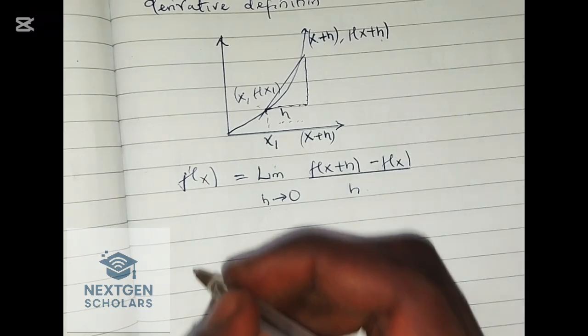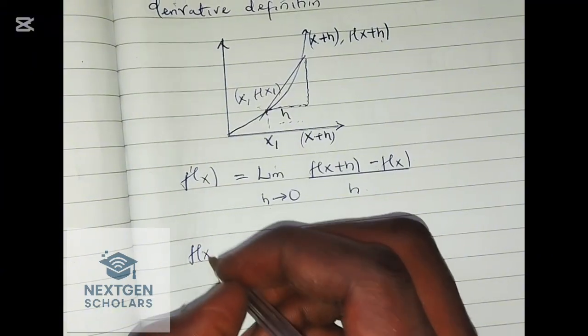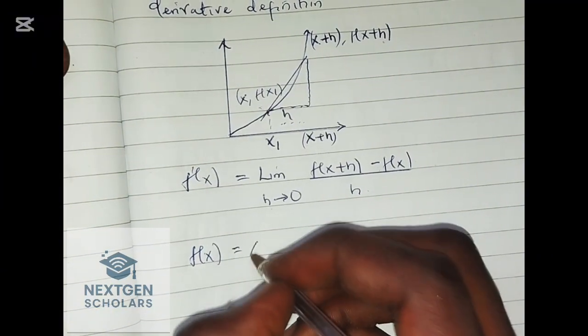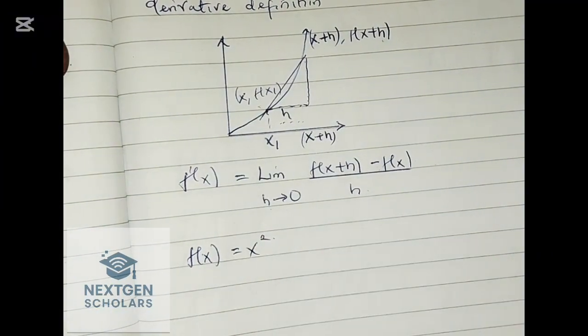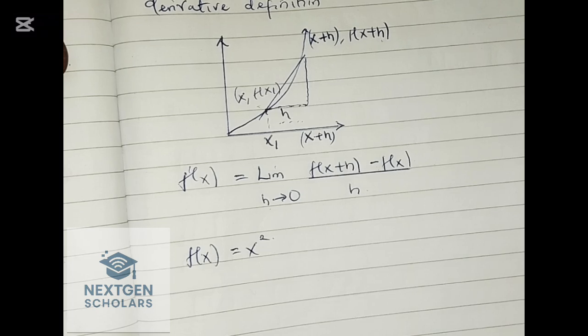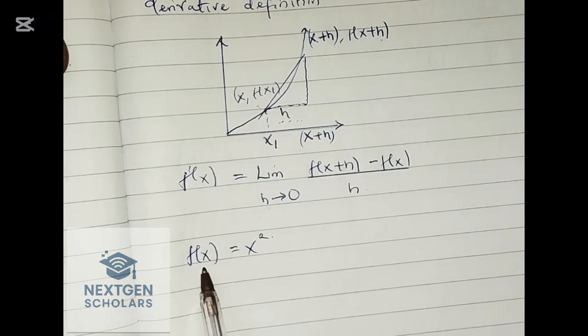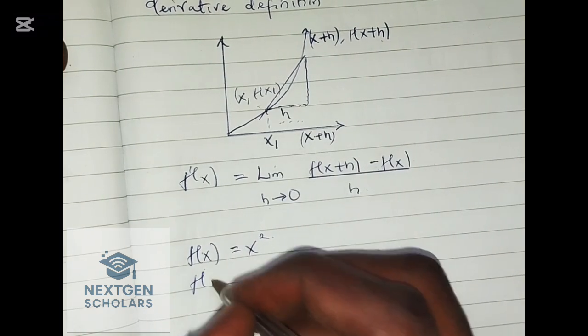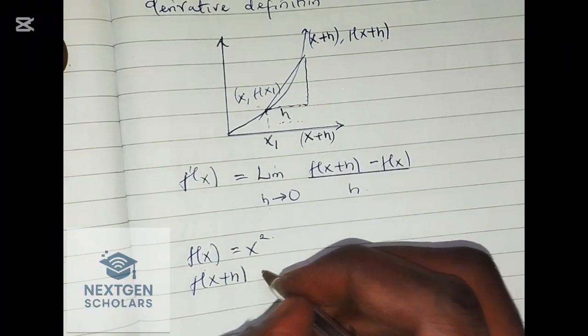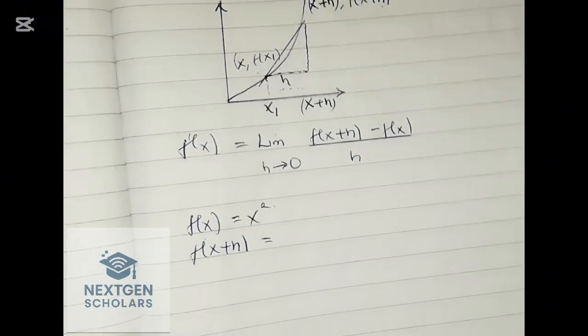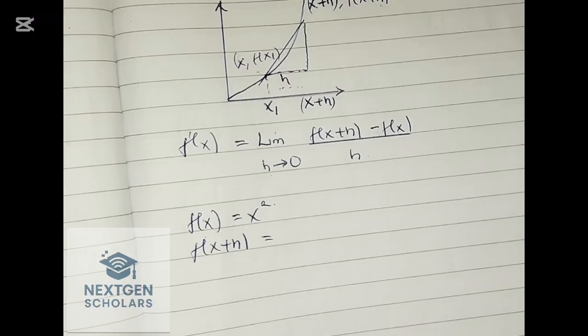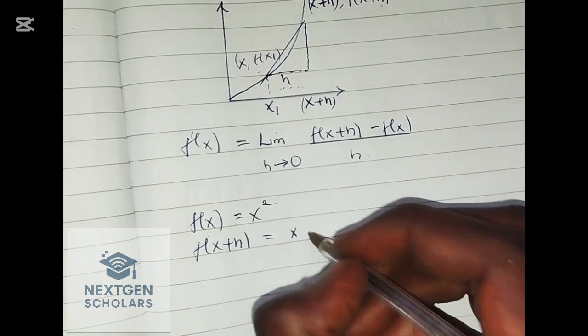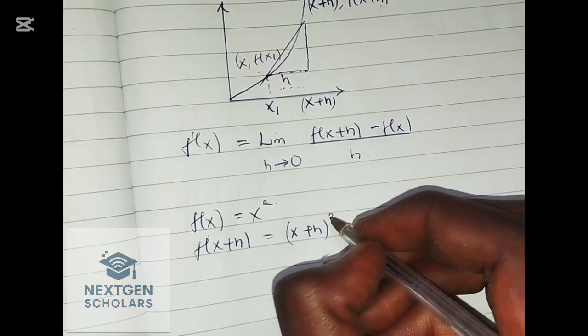Now, what do we have? We have that our f of x is equal to x squared. But we need f of x plus h. Anywhere you find x in the expression, put x plus h there. So here we have (x + h) squared.